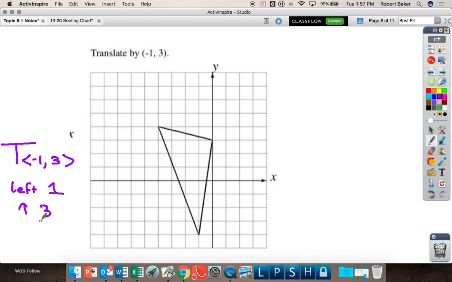Left 1, up 3 on every single vertex. Uh-oh, my point is inside the triangle. What do I do there? Do I just quit and cry? No. Is that okay? Can that happen? Yes. It's okay. What about here? Left 1, up 3. Left 1, up 3.